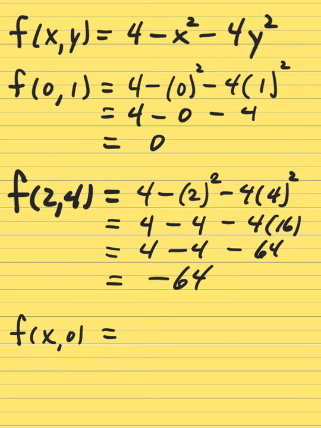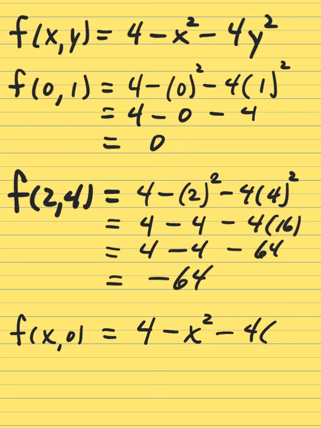A few of them in your homework assignment will, instead of having a number for every variable, sometimes leave a variable open, and maybe the other one or other two variables do have a numerical substitution. For example, if you were to see something like f of x, 0, you hold the x open and plug the 0 in for y. So that's going to be 4 minus x squared. I just didn't want you to be alarmed if you saw one without a numerical substitution.